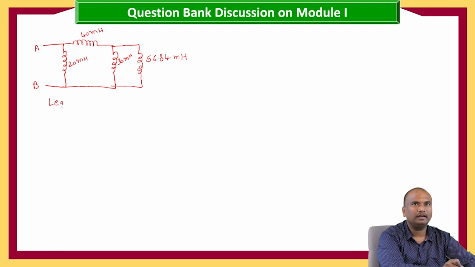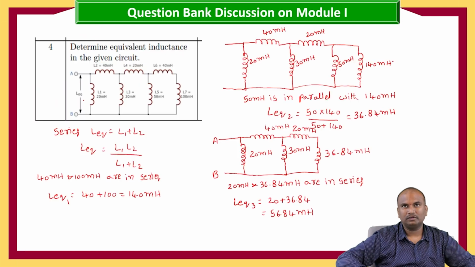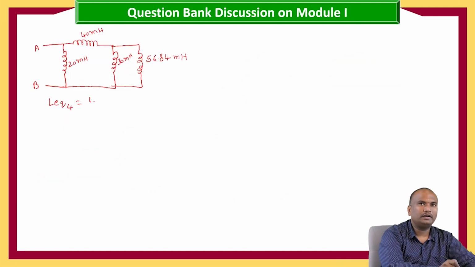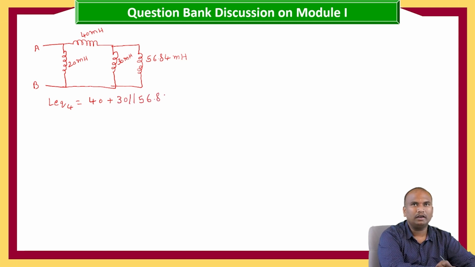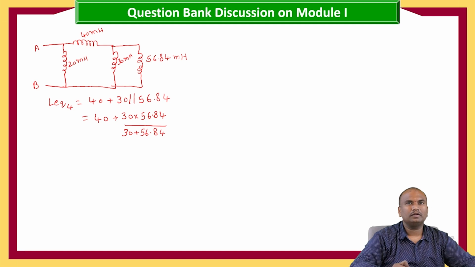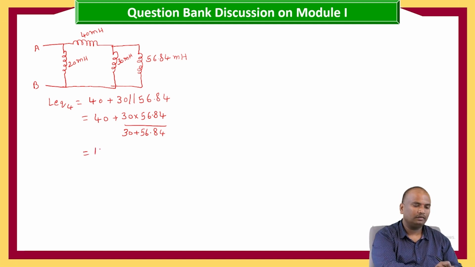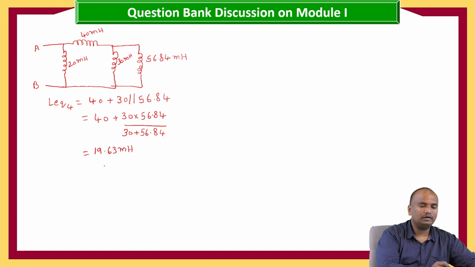Let us take L equivalent 4 is equal to 40 plus 30 in parallel with 56.84, which is equal to 40 plus 30 into 56.84 divided by 30 plus 56.84, which is equal to 19.63 millihenry.